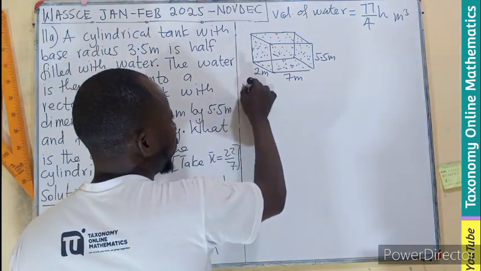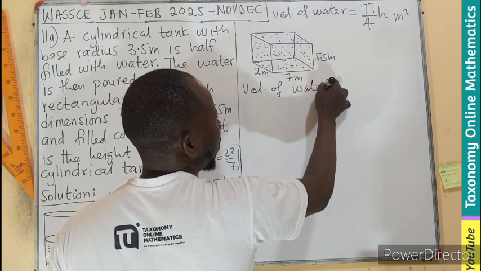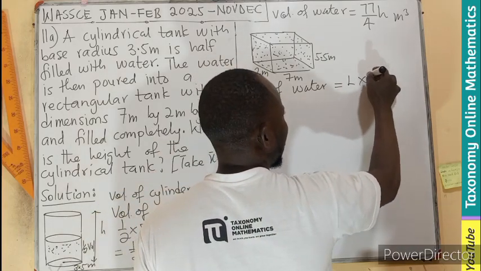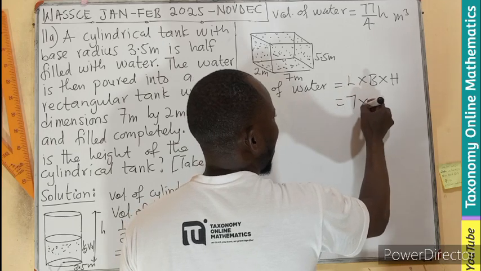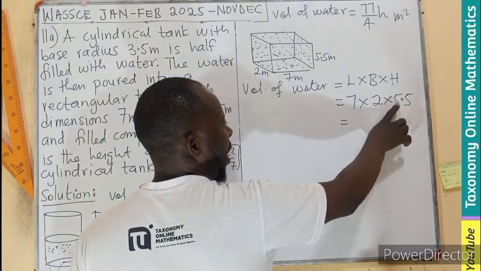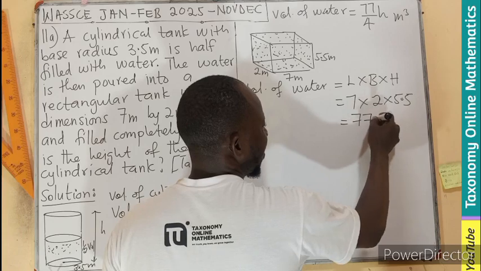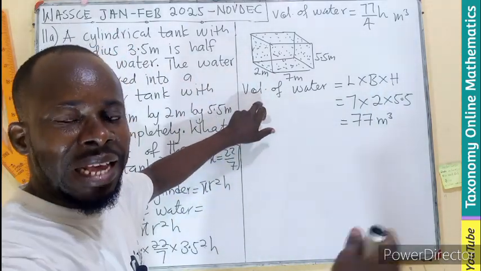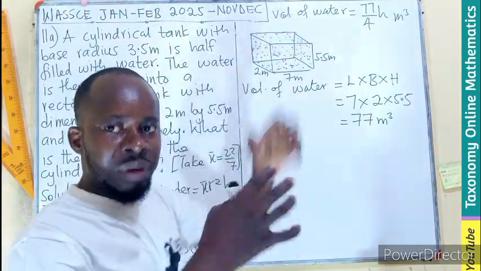So you can say that the volume of water here is equal to the length times the breadth times the height, which is 7 by 2 by 5.5. So 2 by 5.5 gives you 11. 11 times 7 is 77 meters cubed. This is the volume of water in the rectangular tank and the volume of water in the cylindrical tank. So it's the same volume.